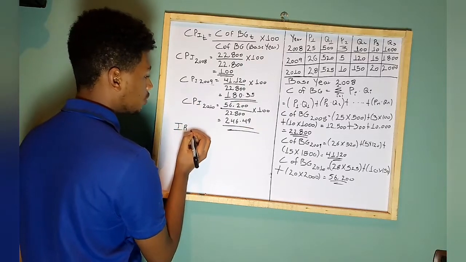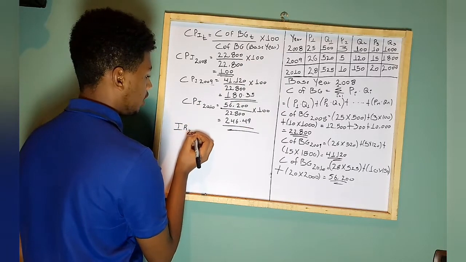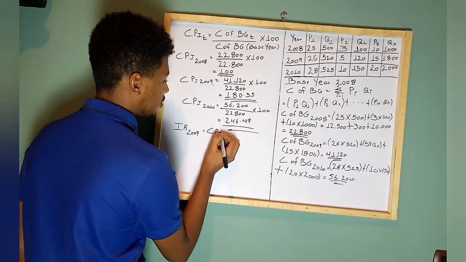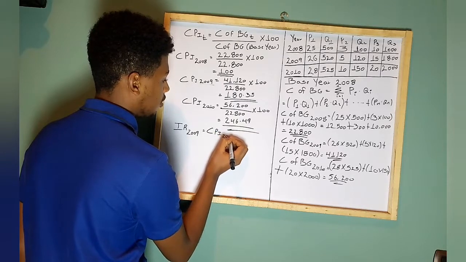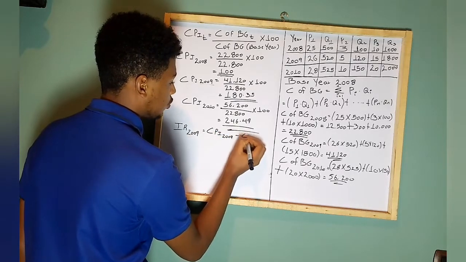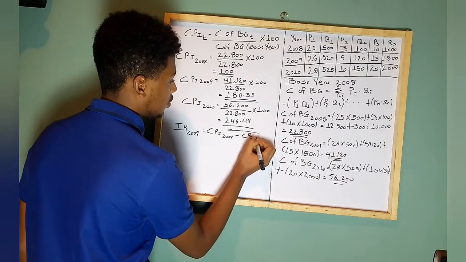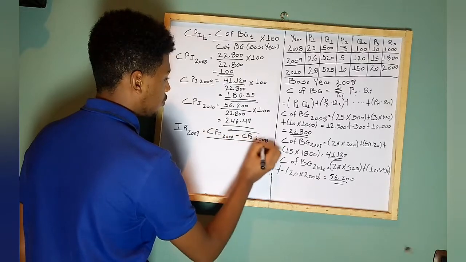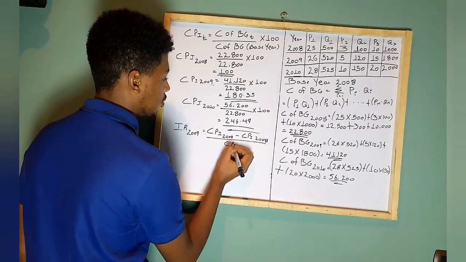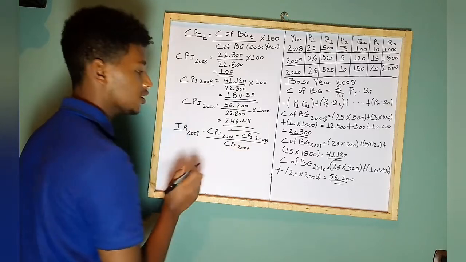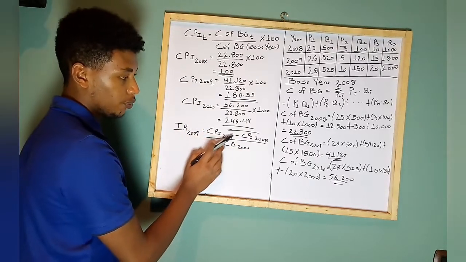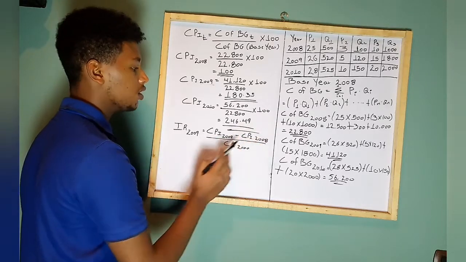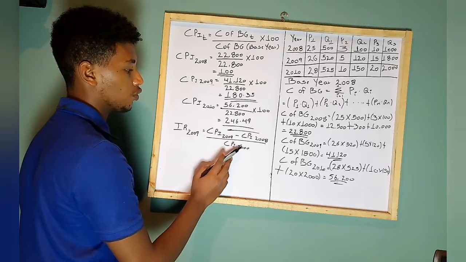Inflation rate for 2009 is consumer price index for 2009 minus consumer price index for 2008 over consumer price index for 2008. This means consumer price index for time t minus consumer price index for time t minus 1, divided by consumer price index for t minus 1.